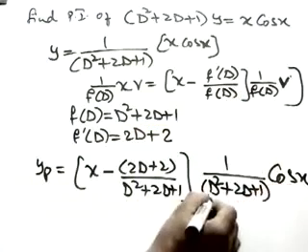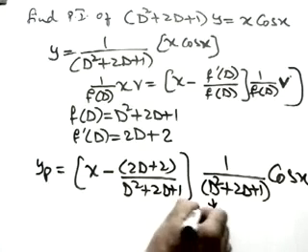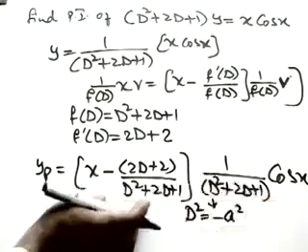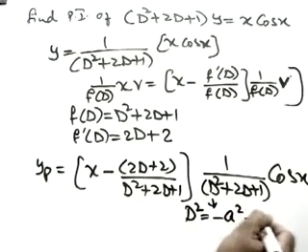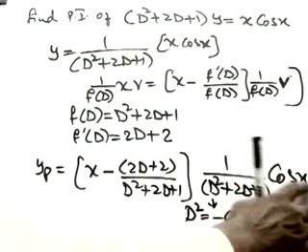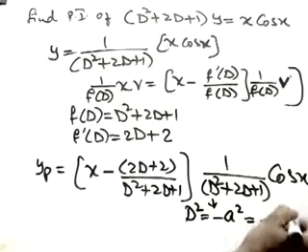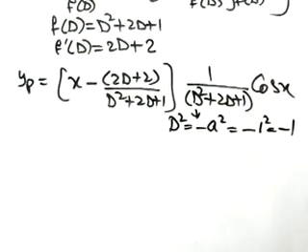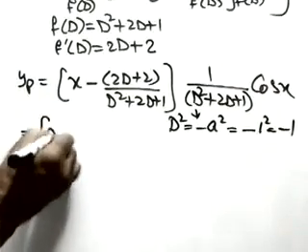In this we have cos ax. For sin ax and cos ax, the method is d square equals minus a square. In place of a we have 1, so minus 1 square is minus 1. So in place of d square we have to keep minus 1.